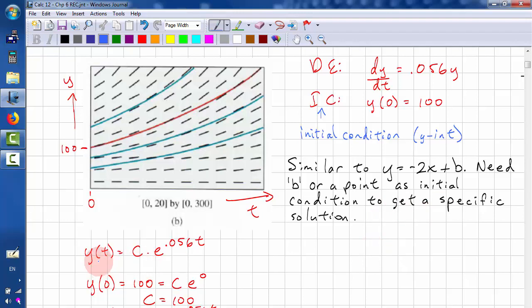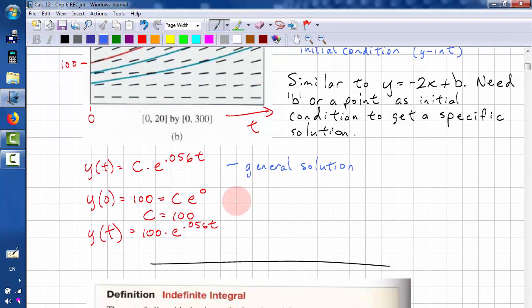Okay, so here is our general solution, because this is the antiderivative of this.